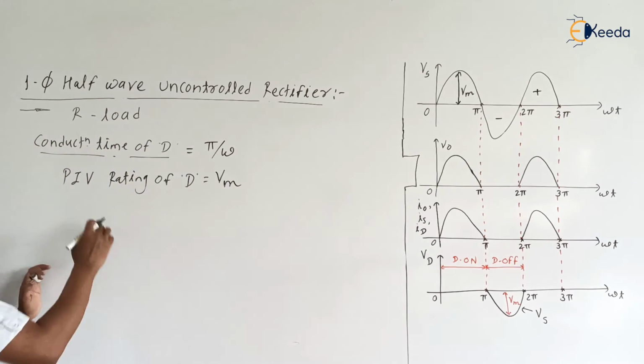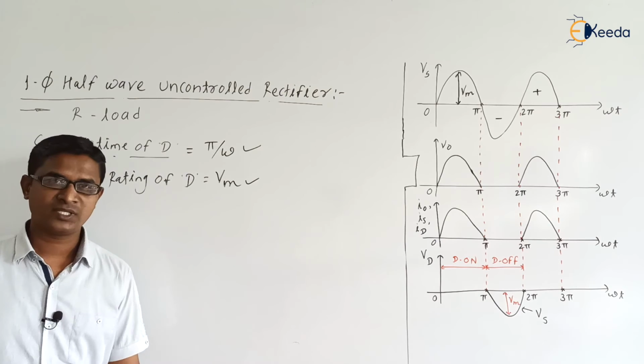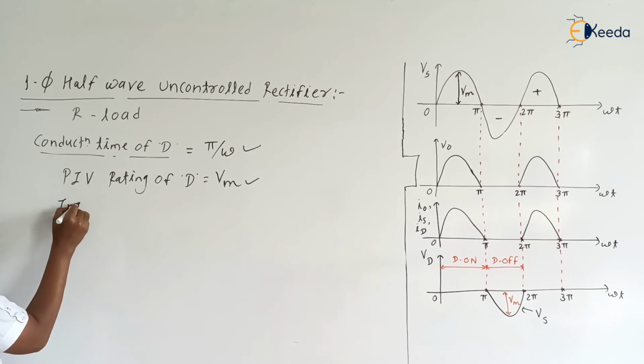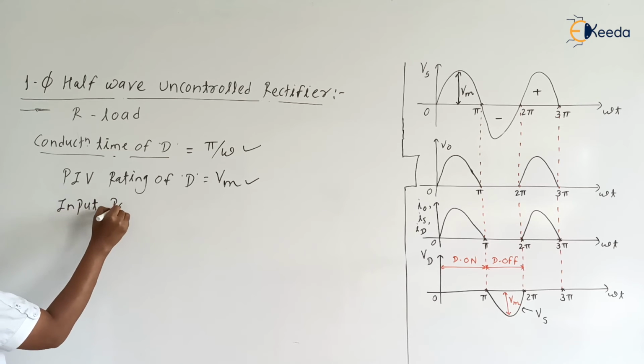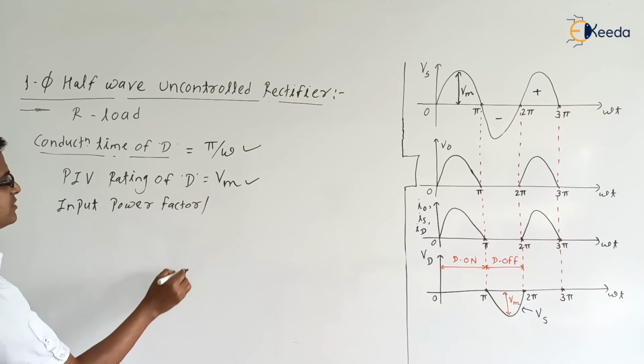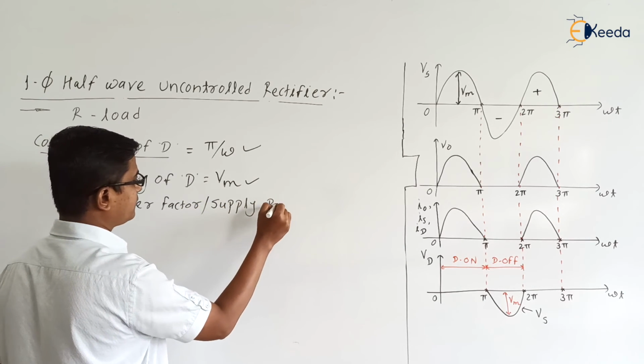Next, we have written conduction time and PIV rating of diode. Next, the input power factor, or we can say supply power factor.